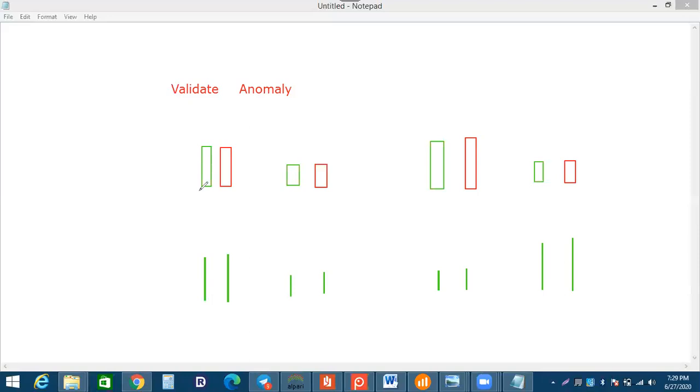When the price is increasing and the volume is also increasing, it indicates validation. It means the candle and the volume match each other. That is a signal that the price will continue in the same direction. It means the next price can go in the up direction.